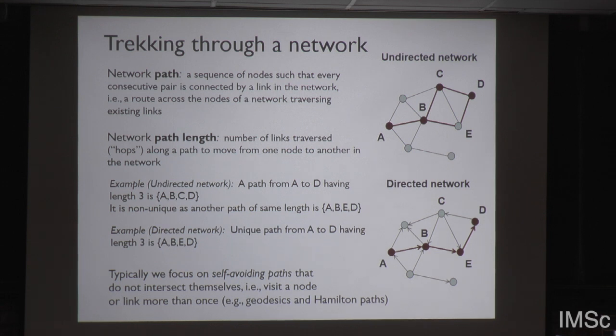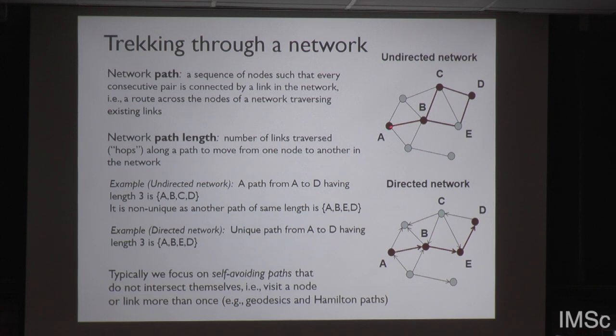The path is defined as follows. When you want to know the path length from A to D, you first have to find the path in terms of the sequence of nodes that you go through, via edges, to get from A to D. As you can see, between A and D there are no direct links. So in order to go from A to D, you have to go through intermediate nodes such that every consecutive pair has an edge.